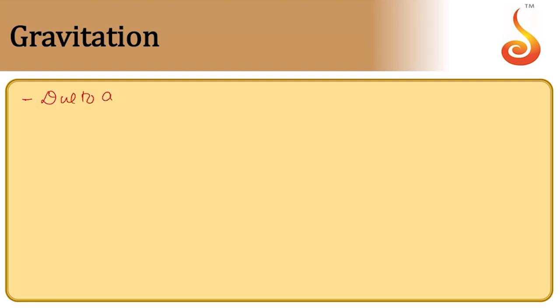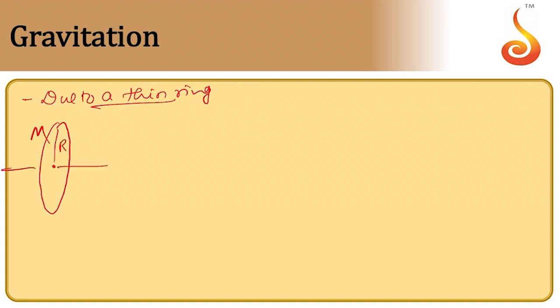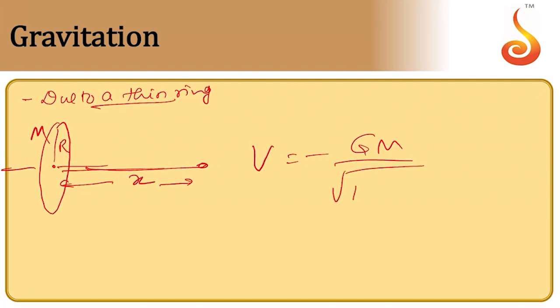Due to a thin ring, for example, you have a thin ring of mass m whose radius is r. Then at a point distant x from the center, the potential is given by minus GM divided by square root of r square plus x square. What about at the center?